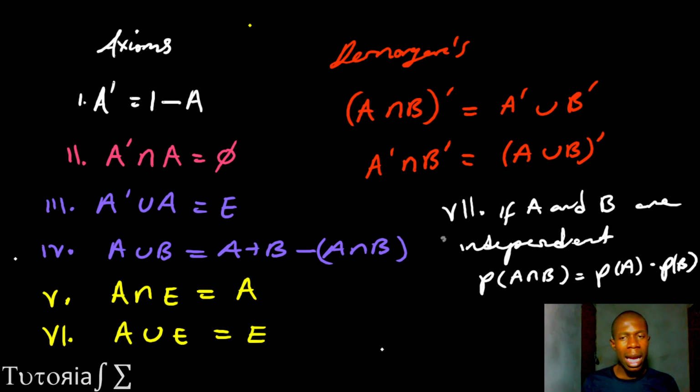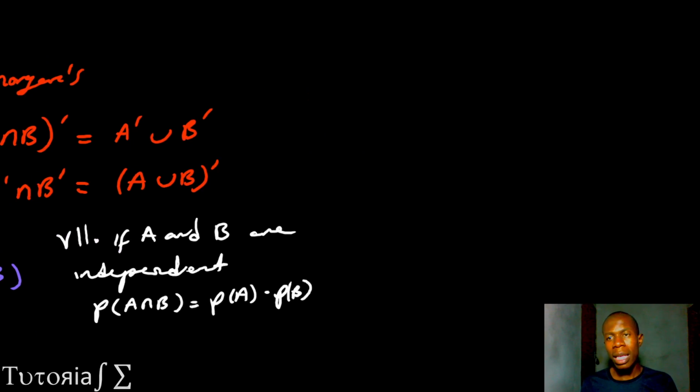Then the other one is for mutually exclusive events. Mutually means at the same time, exclusive meaning not happening. So mutually exclusive events, that is number 8.